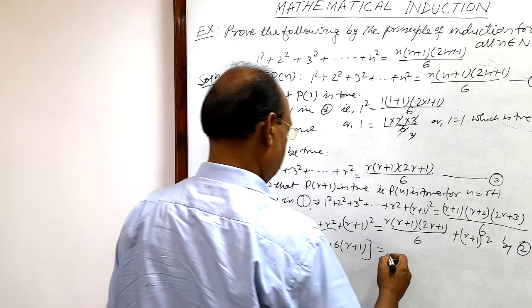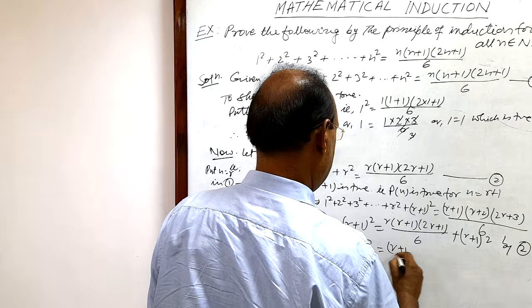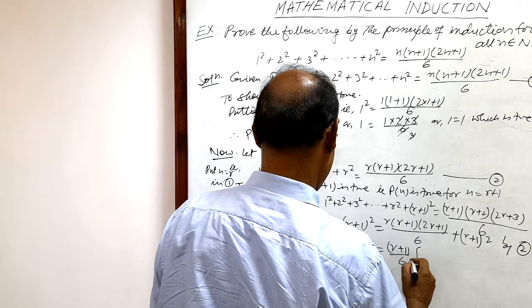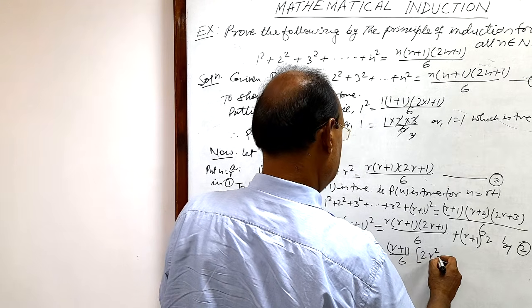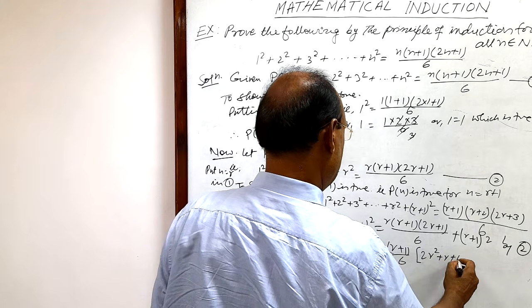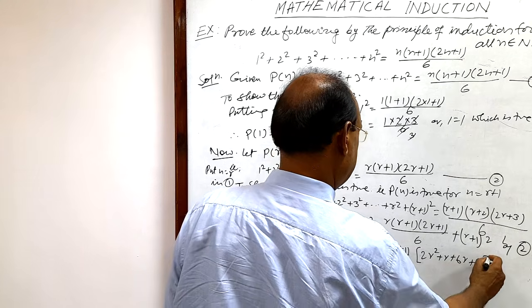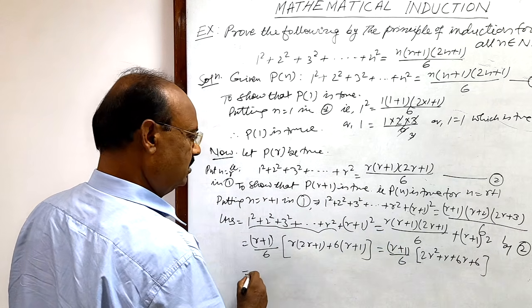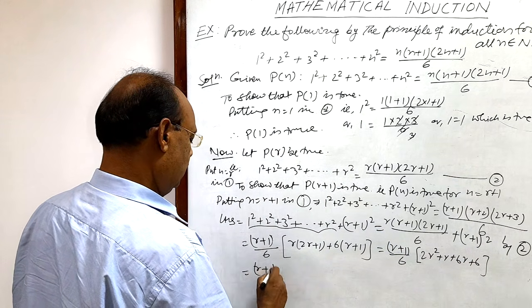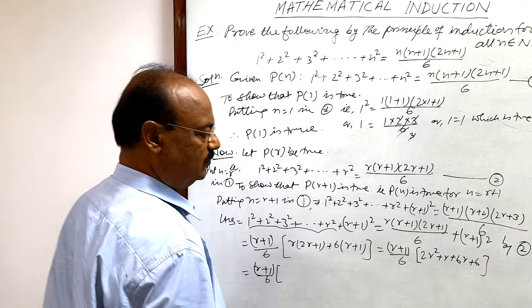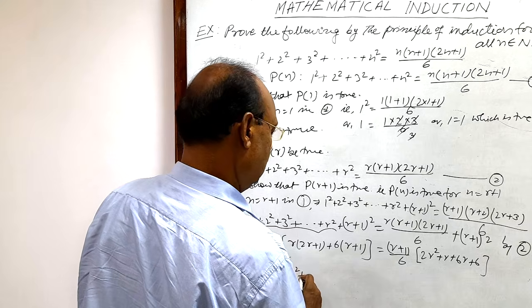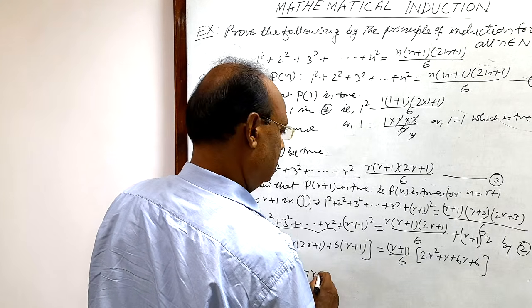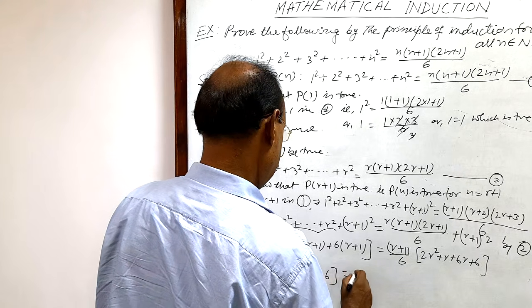Simplify it. So this is r plus 1 divided by 6 into 2r square plus r plus 6r plus 6. Okay. And this is equal to r plus 1 divided by 6 into 2r square plus 7r plus 6.